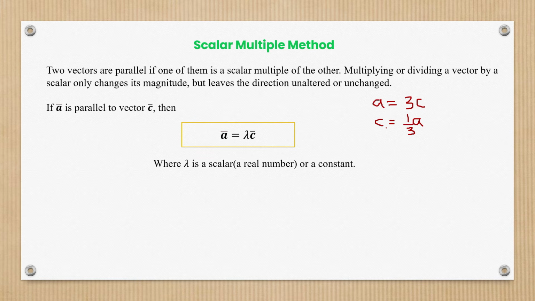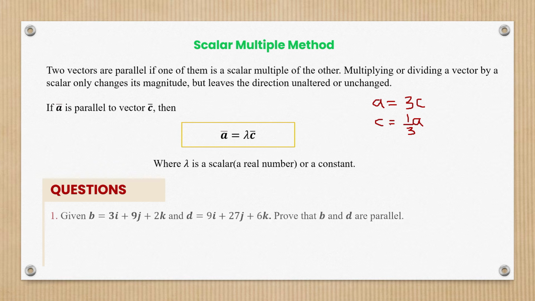Okay, now as we've seen before, if lambda is positive, that means they point in the same direction. And if lambda is negative, it means they point in opposite directions. And lambda, as we said, is the constant of proportionality.